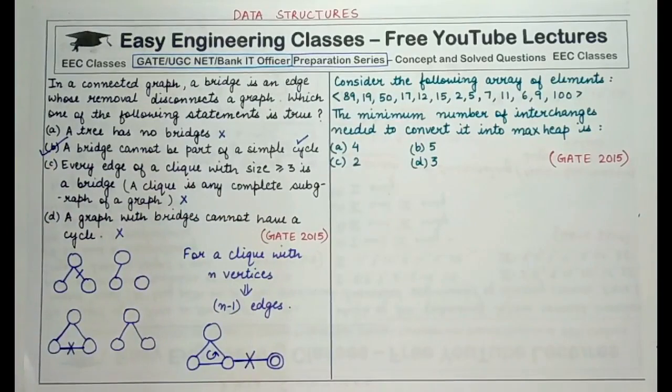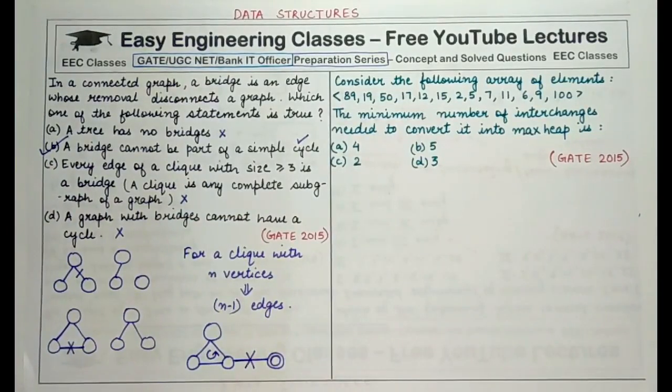Now coming to the second question of this lecture. The question says, consider the following array of elements: 89, 19, 50, 17, 12, 15, 2, 5, 7, 11, 6, 9 and 100.